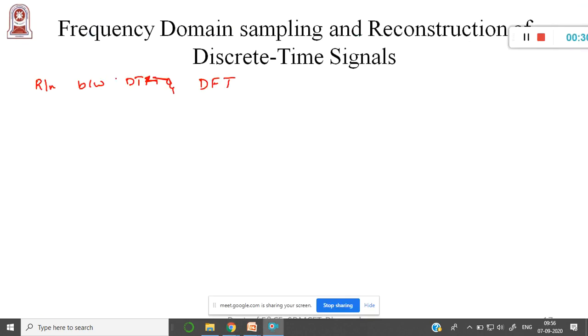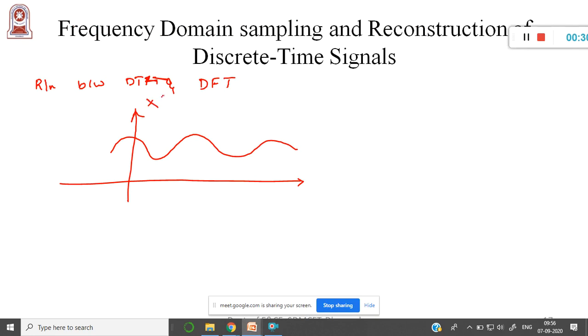The DTFT signal is a continuous signal. So this is x of omega, and assume this is a DTFT signal which is a function of omega.